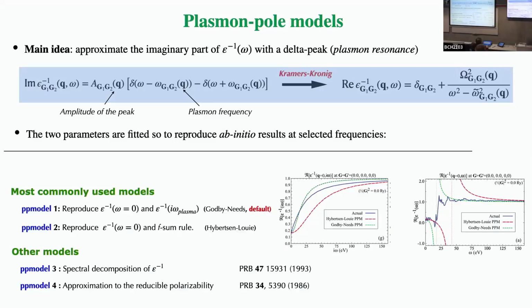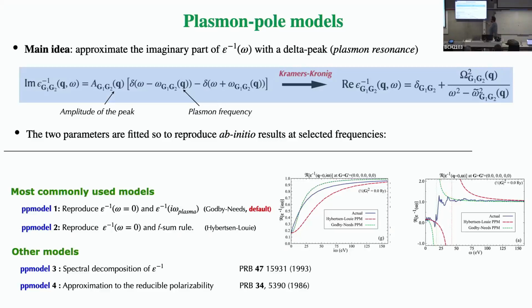This one is the Godby-Needs plasmon pole, which is the default model. In this case, we obtain these parameters in order to reproduce the ab initio values for the static limit and for epsilon minus 1 along the imaginary axis. We don't move along the real axis because we would have oscillations, and the fit would not be stable. So this is a sort of analytical integration. In this case, we need to compute the polarizability at two frequencies.